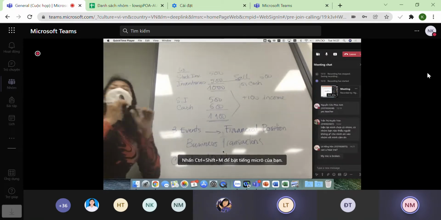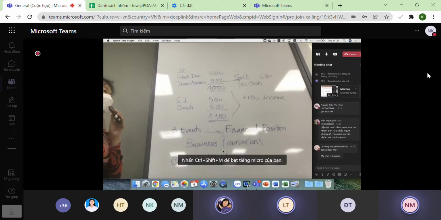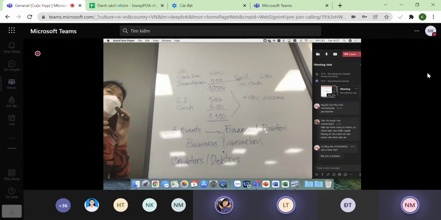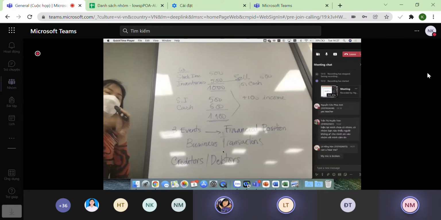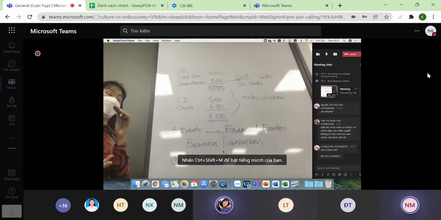So here, there are many kinds of information users, and their needs of information are the same or different? Creditors, investors, management, do they have the same needs of information or different?